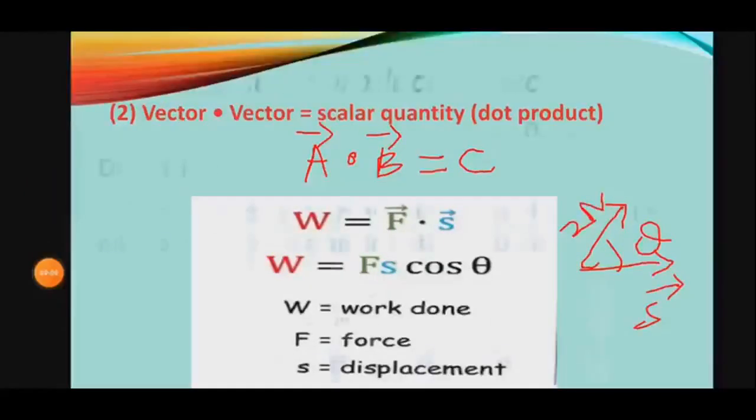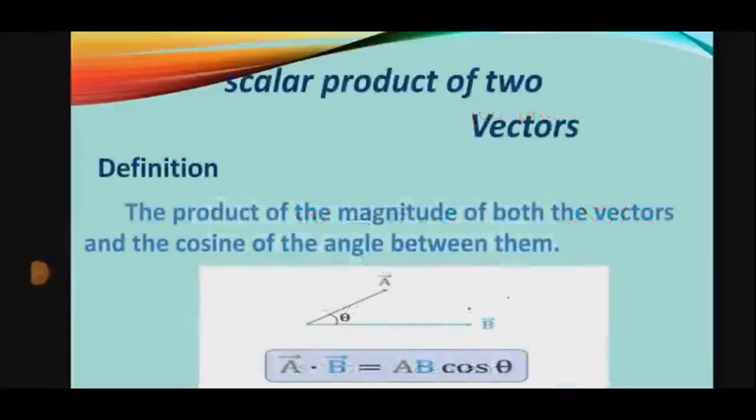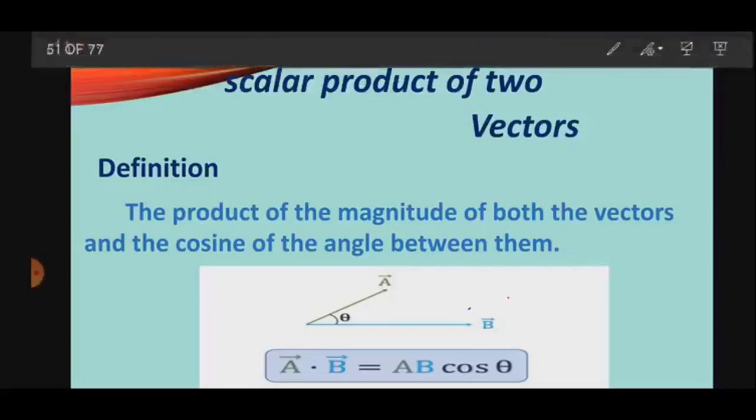Go to the next topic. It is a very important topic, scalar product of two vectors. 2 mark and 5 mark questions, so note it down. Let us consider two vectors, a vector and b vector.